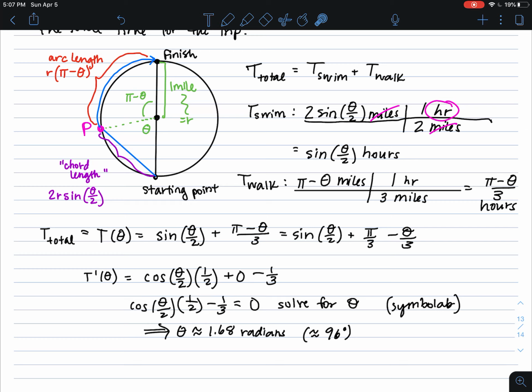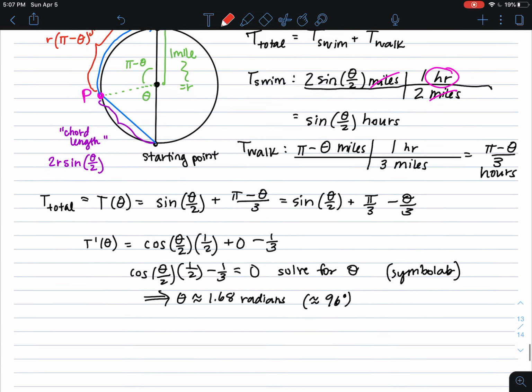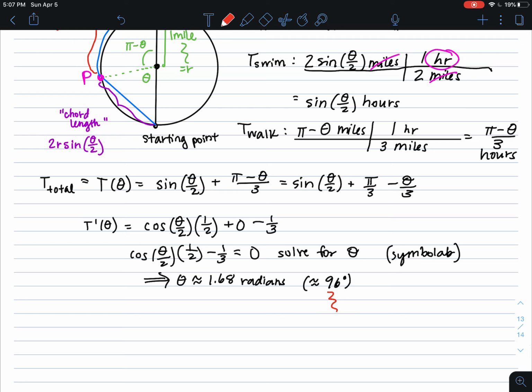However, we don't know whether that's the fastest time or the slowest time, right? Because this 96 here is a critical value. And we know from last section that a critical value could either be a maximum or minimum or an inflection point.